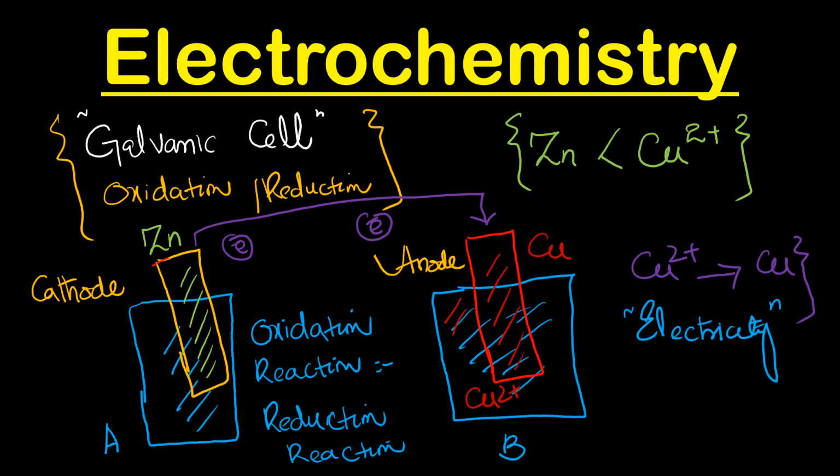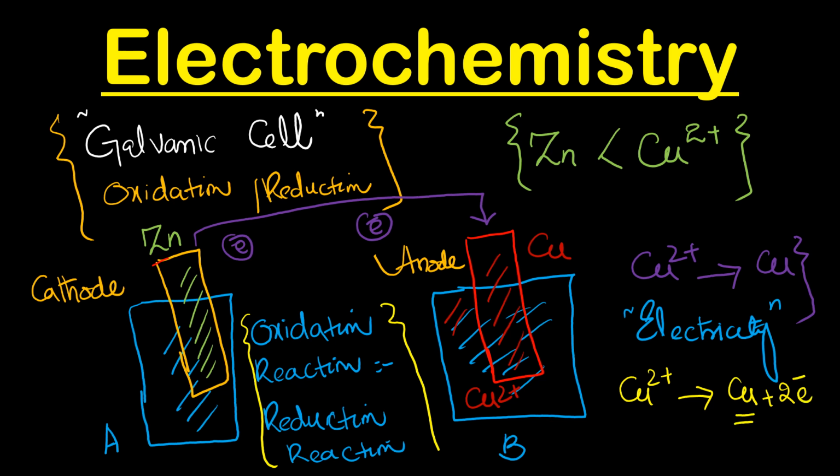The oxidation reaction is a chemical reaction in which electrons are transferred from one atom to another atom. So in the oxidation reaction, electrons will be transferred from zinc to copper. Whereas in the reduction reaction, the copper Cu2+ ion will gain 2 electrons, and the copper will become neutral.